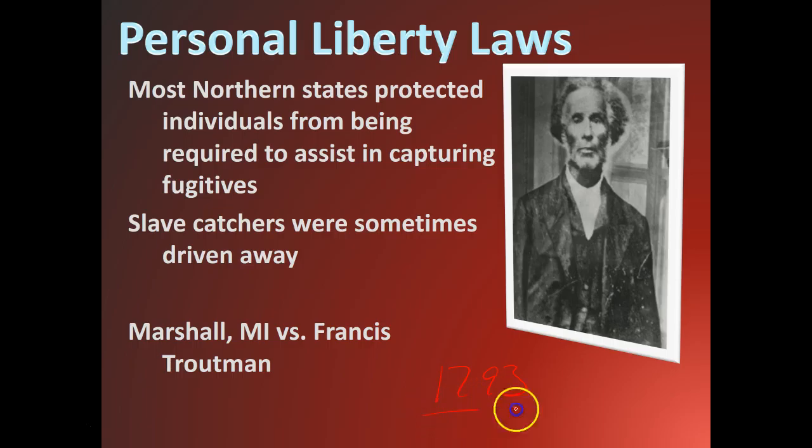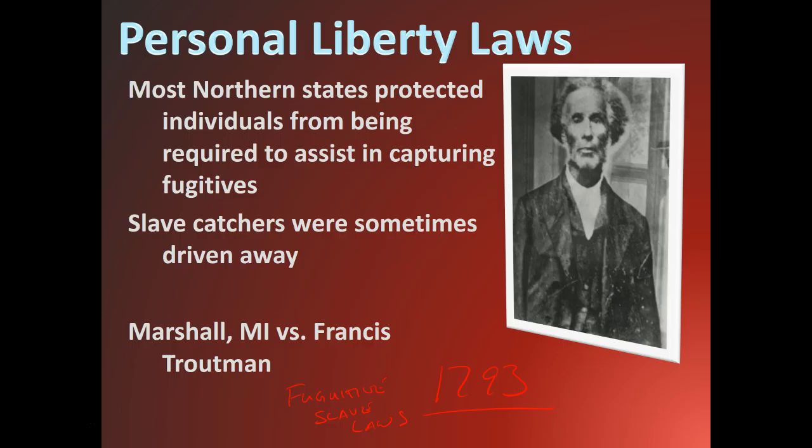So 1783 is when Fugitive Slave Laws began being created. And so they go back a long way. And these are the laws that make it clear that Southerners are guaranteed the rights to their escaped property.